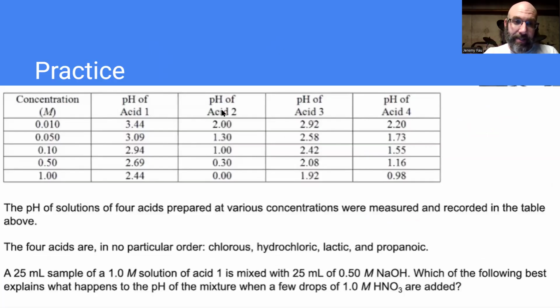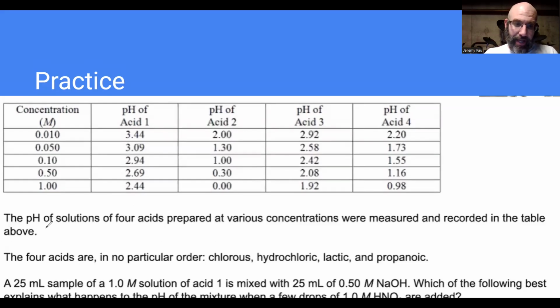So let's think this through. Forget about the question itself. Let's just think about this last part. When HNO3 is added, the pH should drop because the amount of H plus is increasing.